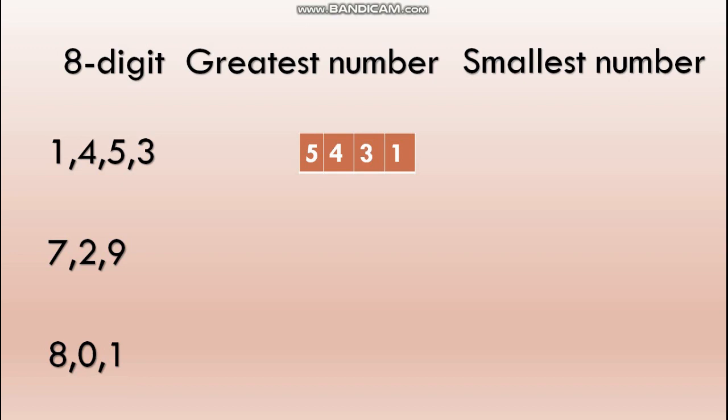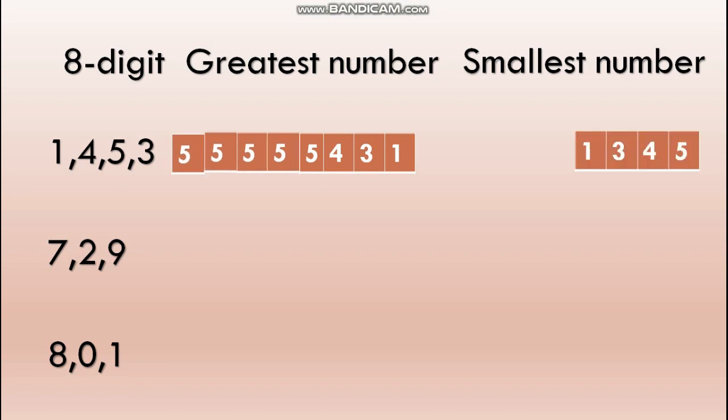In this case, 5 is the largest number. How many more digits do we need? 4 more. That means we are going to put 4 fives more. So this is the greatest number.